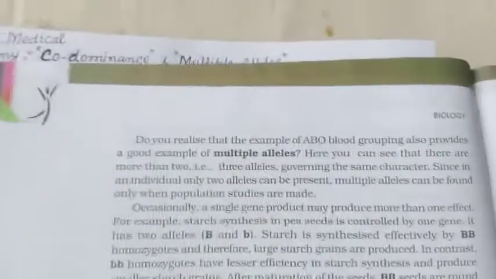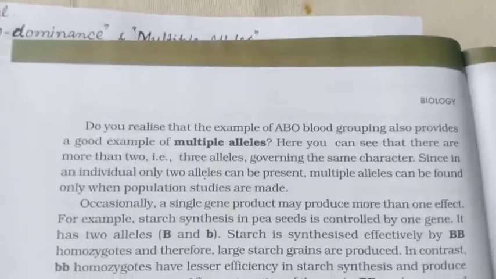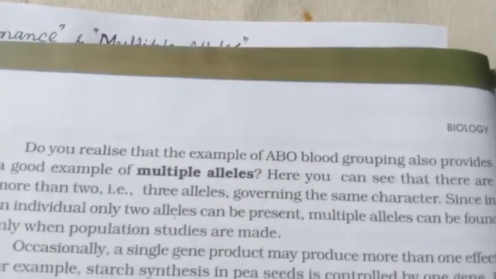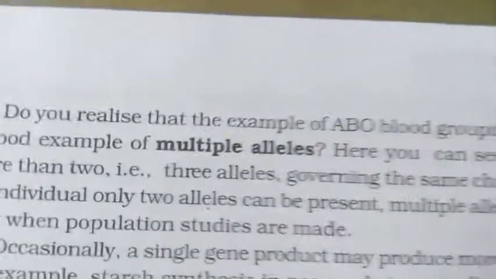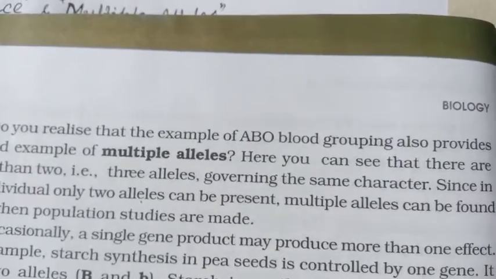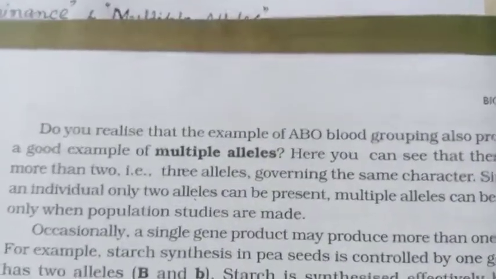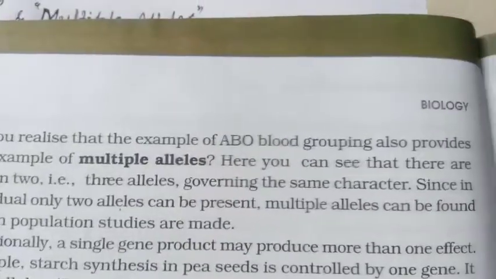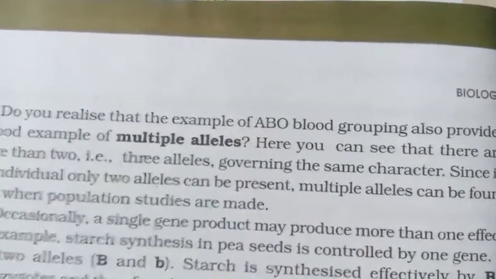And now this ABO blood grouping also provides a good example of multiple alleles. In these multiple alleles, it can be seen that there are more than 2, that is 3 alleles governing the same character, that is the blood group.